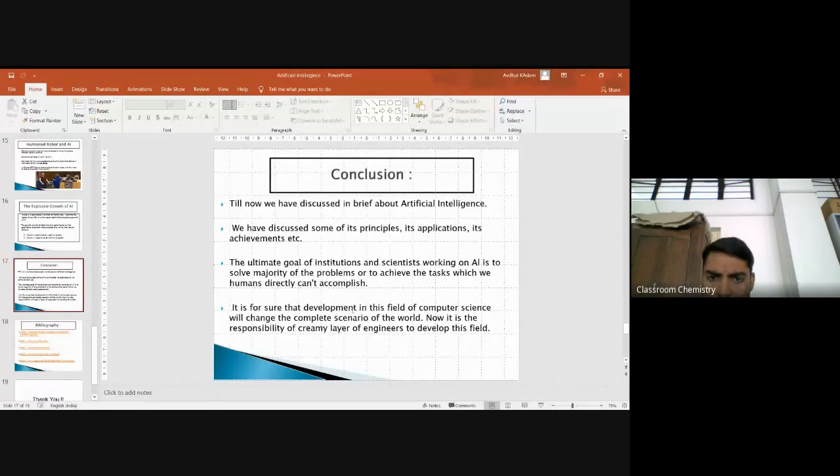Those tasks are not done properly by human beings. In these terms, we can use artificial intelligence to do such activity which is not done properly by human beings. It is for sure that development in this field of computer science will change the complete scenario of the world. Now it is the responsibility of engineers to develop this field.